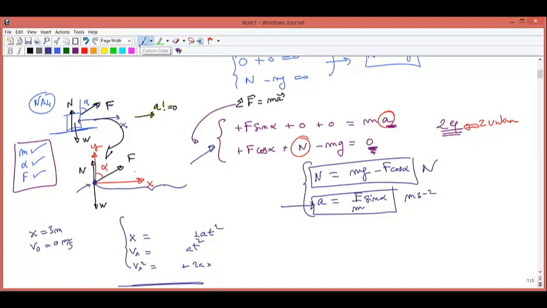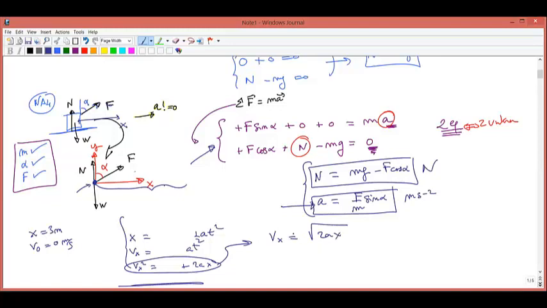So, now the question is: calculate the magnitude of the object's velocity after it has moved by 3 meters. Is there an equation that involves a velocity and a position? Sure enough, the last one. Therefore, we can use the last one and solve for v. The velocity in the x direction will be the square root of 2ax.